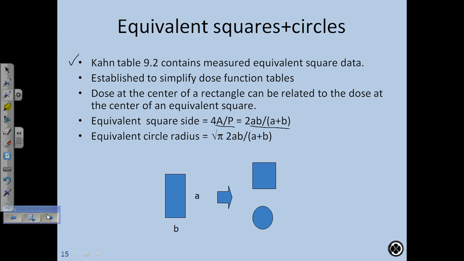What you'll also notice with rectangles is, as these edges get longer, while we keep this width the same, the dose rate will stop changing at some point, because the photons that scatter out here are just not going to make it to your chamber.